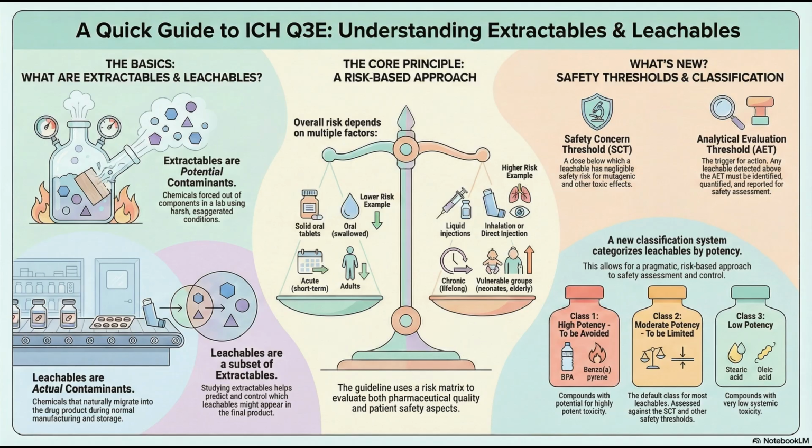It's 1.5 micrograms per day. Wow. Okay, so in that case, the SCT is automatically 1.5 micrograms per day. The 12 micrograms is just too high when you factor in the mutagenic risk. Exactly. That tiny 1.5 microgram limit becomes the safe daily dose, and that number dictates everything that happens downstream, especially how sensitive your analytical methods need to be.